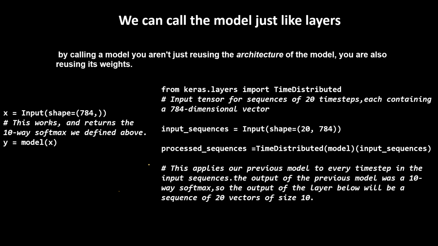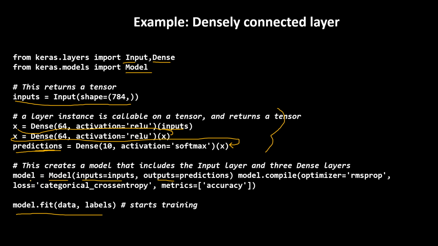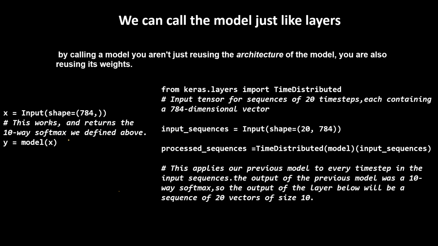In the previous slide, we defined a model equal to Model with input, and its output was prediction, which was a 10-unit dense layer. So we can create this using x as input, and y is model of x. This will take input as a 784-dimensional vector, and will give output as a 10-dimensional vector.